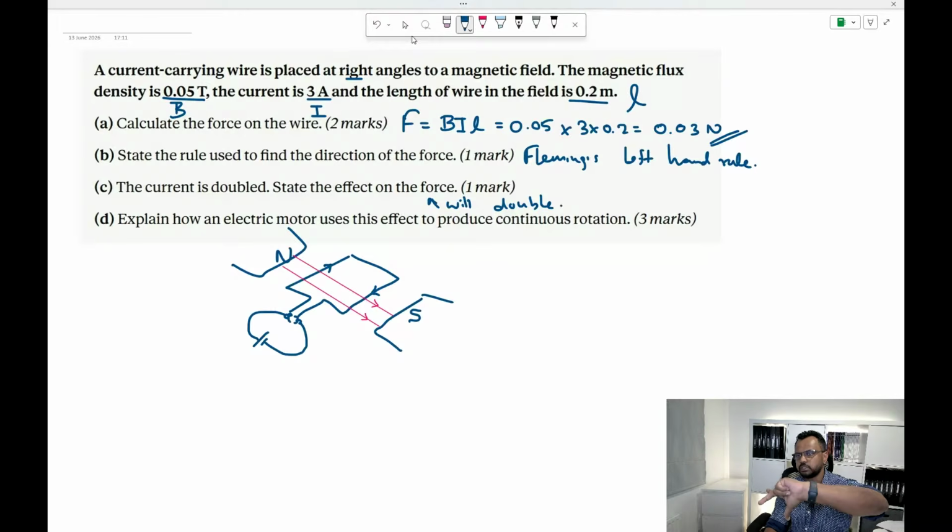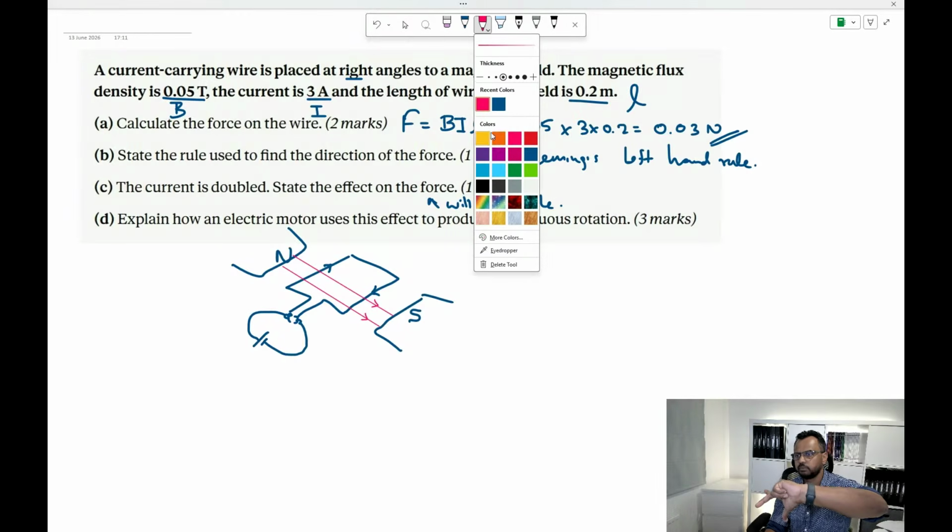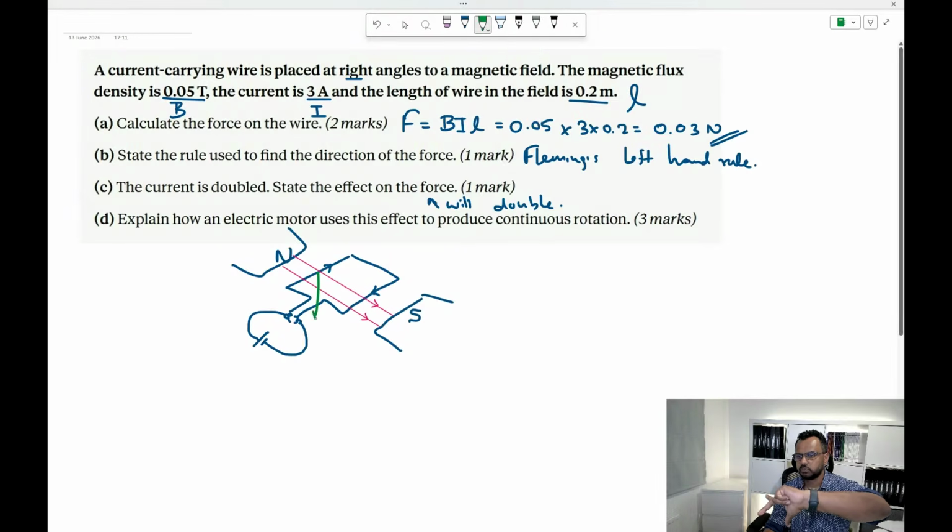So the force is downwards. Think about this one, FBI. It will be the exact opposite, right? It's a bit crooked, guys. Let me just correct it like that. So what will happen? This thing will rotate like that.